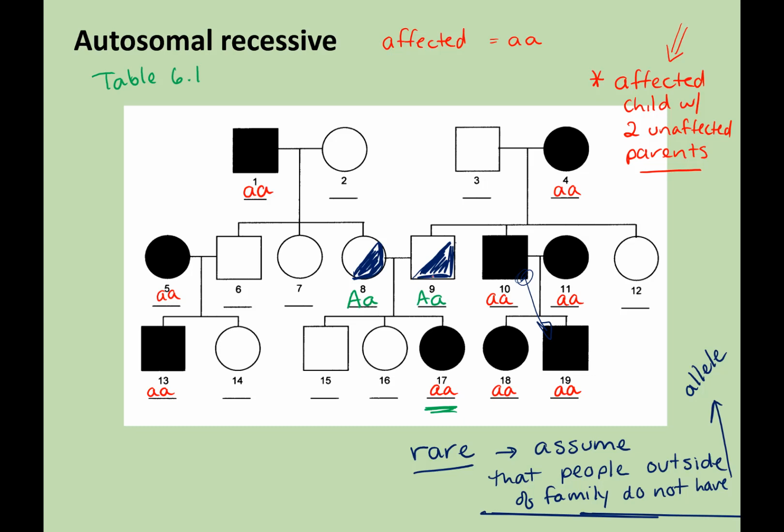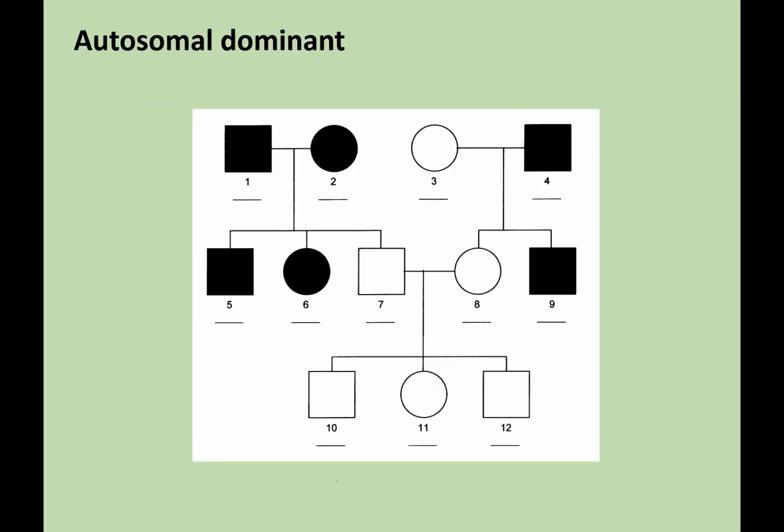So they carry the recessive allele, but they don't show it. But many of the pedigrees I will give you do not show that people are carriers. Autosomal dominant. So what do you know about this?